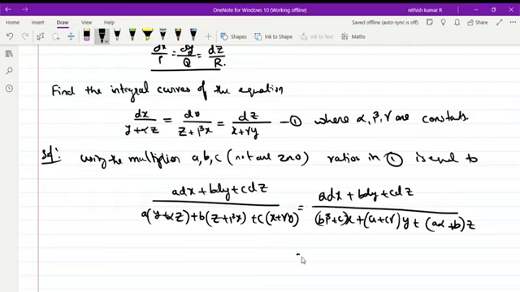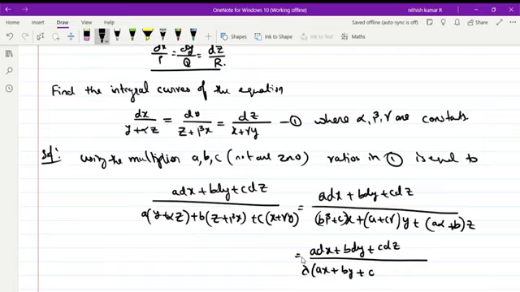And we are taking this equal to a dx plus b dy plus c dz divided by lambda into ax plus by plus cz. Let's name it as equation number 2.